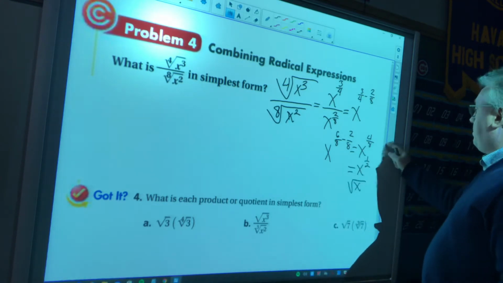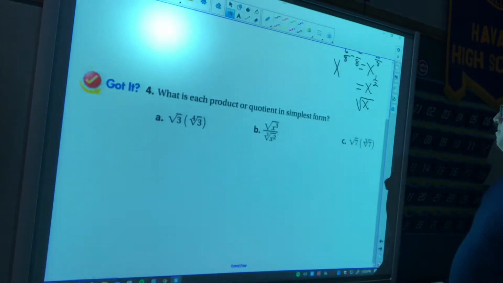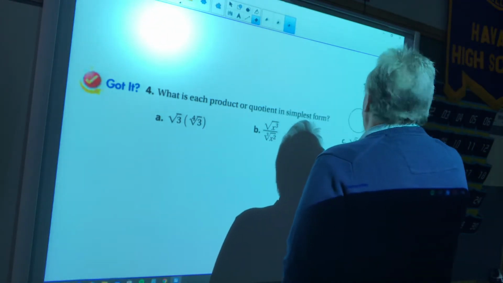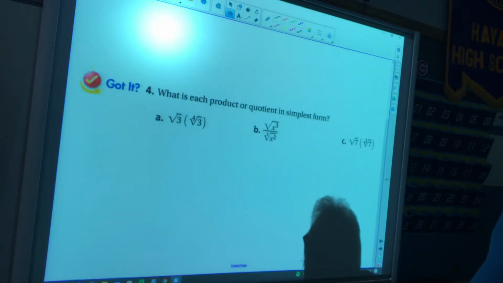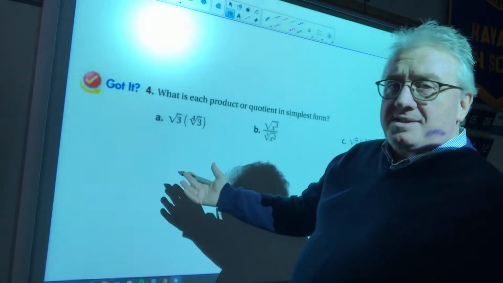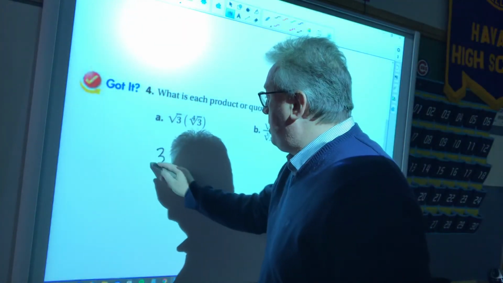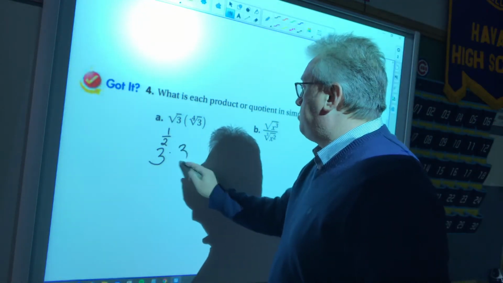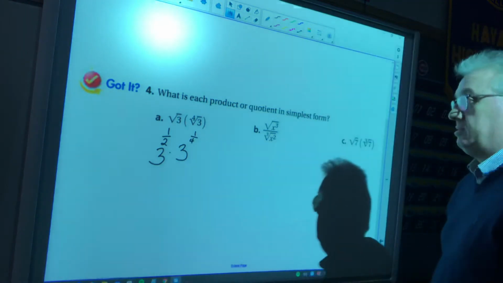Now let's go down and look at one of these examples here. I'm going to erase this, get it out of the way. Let's look at A. If we rewrite this in exponential form, this becomes 3 to the 1/2 power times 3 to the 1/4 power.